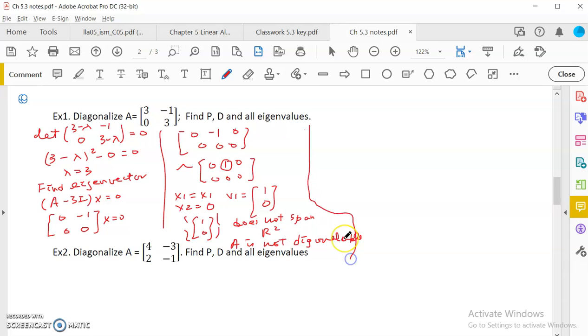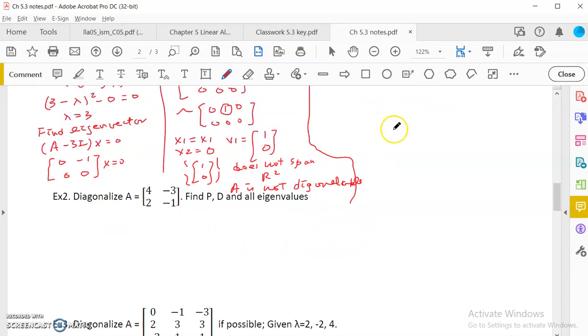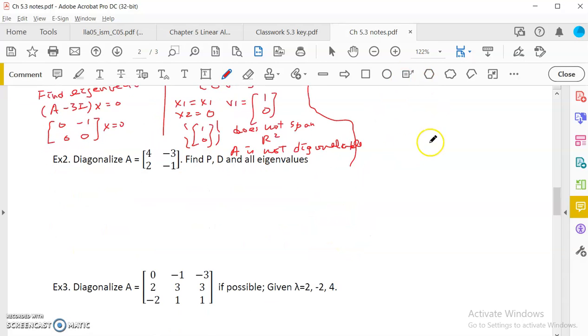Okay. The second one, I'm going to leave some space to do the second one. The matrix A is 4, 2, -3, -1. We want to find eigenvalues and eigenvectors to create P and D so that we can diagonalize A. To find the eigenvalues first, we solve the characteristic equation: the determinant of 4 minus lambda, -3, 2, -1 minus lambda is equal to 0.